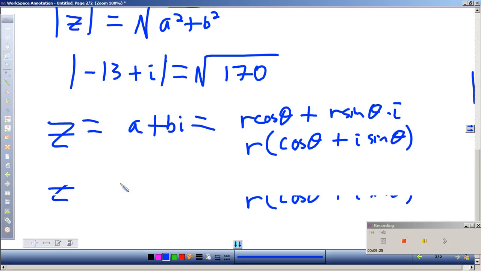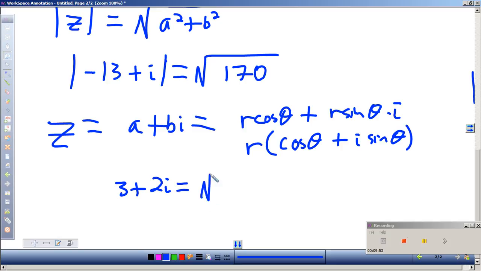So if we have, let's say, 3 plus 2i, let's write it in trig form. First, what is r going to be? That r is the easy part. The square root of a squared plus b squared. So 3 squared, 9, plus 2 squared, 4, so 13.